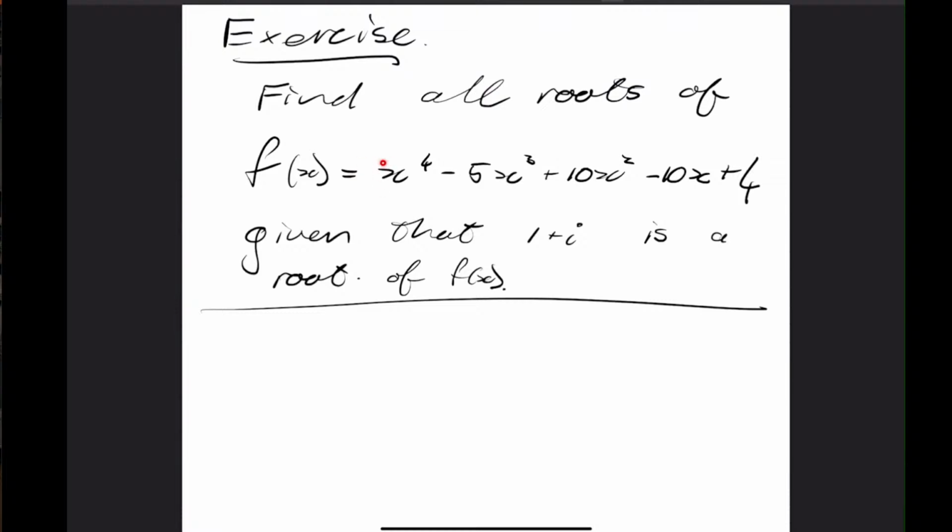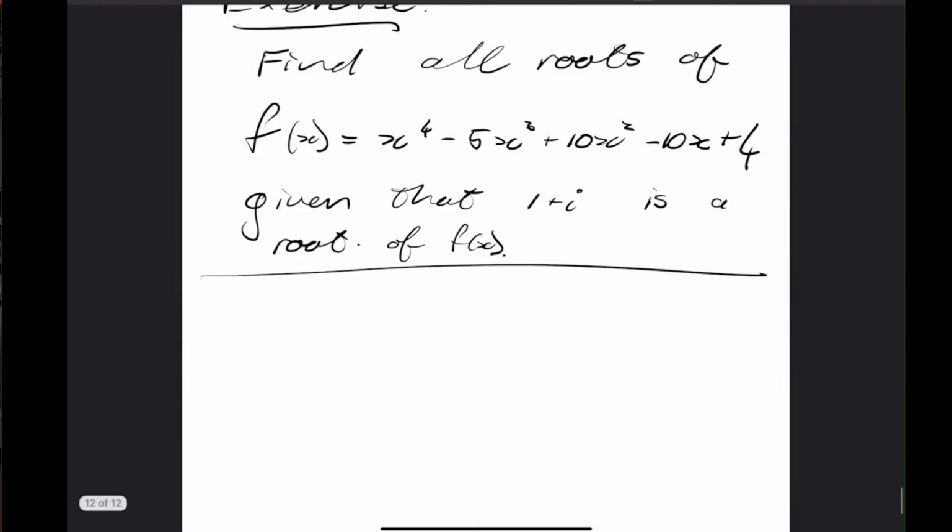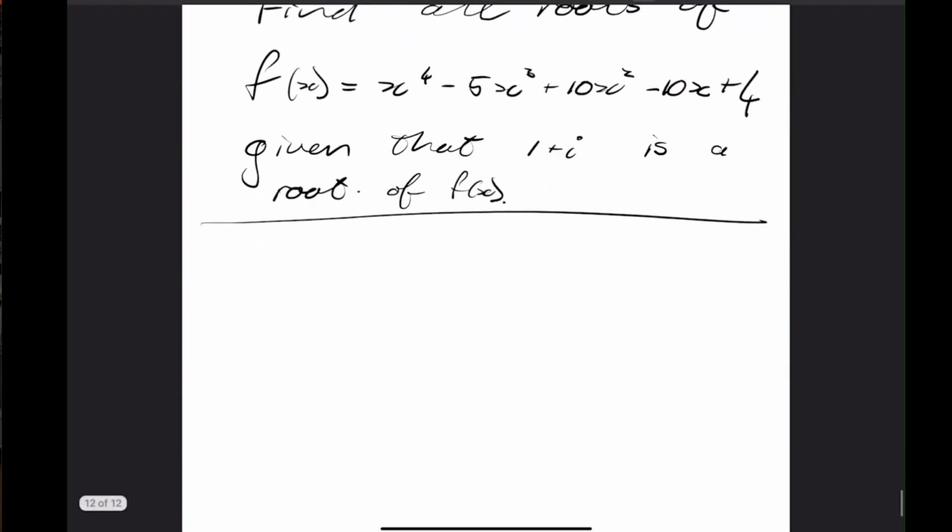We see here our polynomial has all real coefficients. So if we have a complex root, then the complex conjugate is also a root. But we're given a complex root, so we immediately get a root for free. How many roots are we looking for? We're looking for 4 roots.